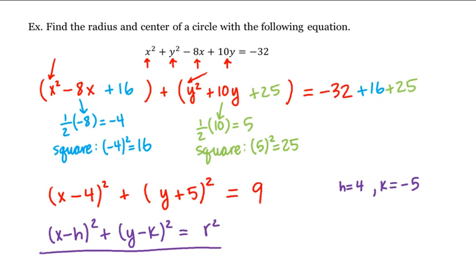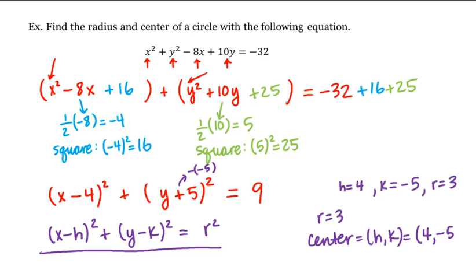Be careful here. Plus 5 means minus a negative 5. So k would be negative 5. And our r would be 3, because 3 squared is 9, which means the radius is 3, and the center, (h, k), is (4, -5).